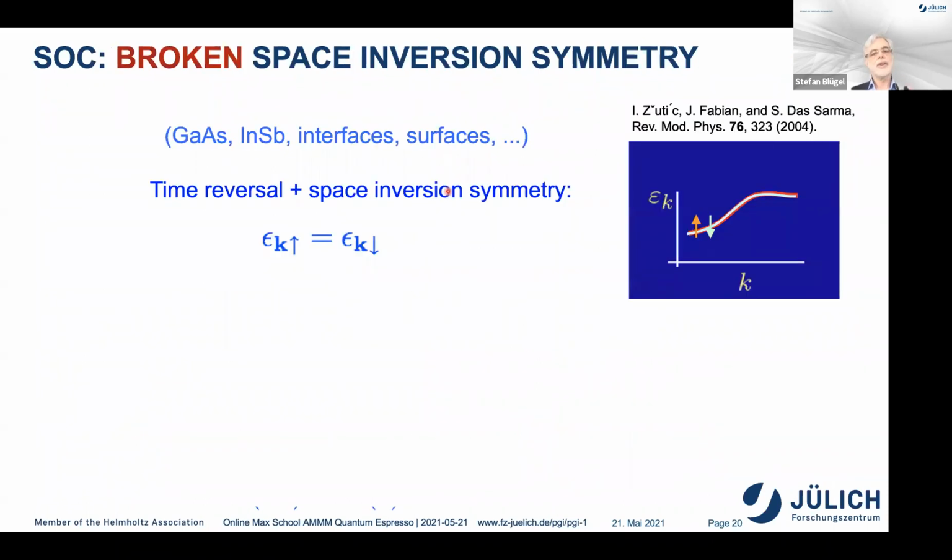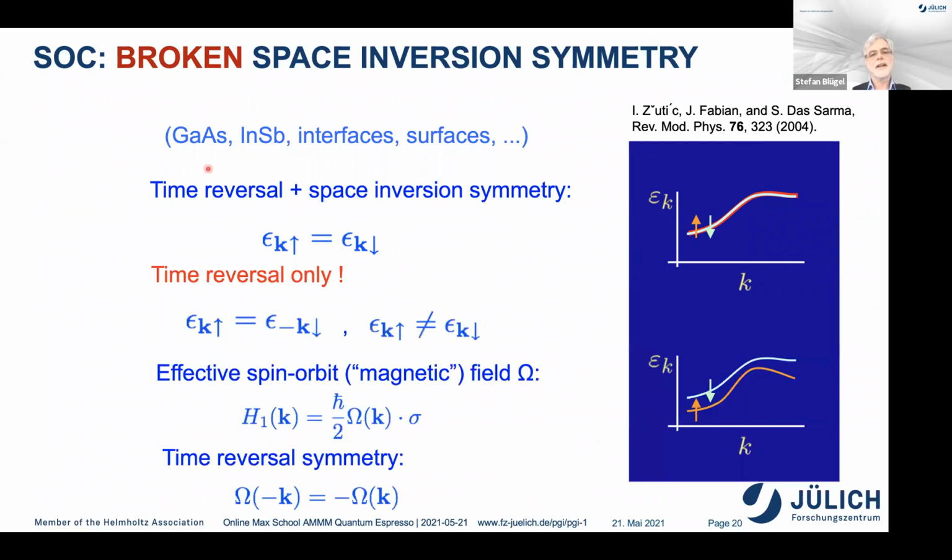So what I have shown you is that for time reversal and space inversion symmetry, the energy of the K point spin up and the energy of the K point spin down is the same. But if you break this space inversion symmetry, then it is not anymore the case. Because then you have time reversal symmetry only.